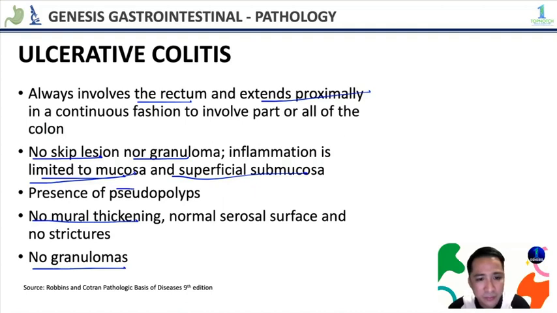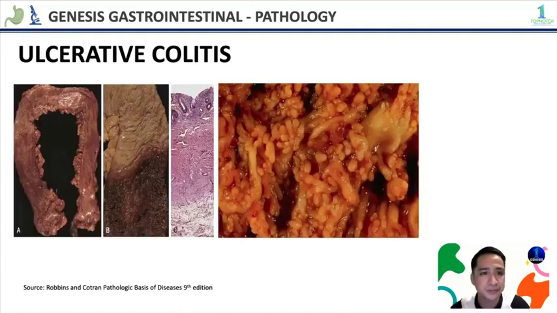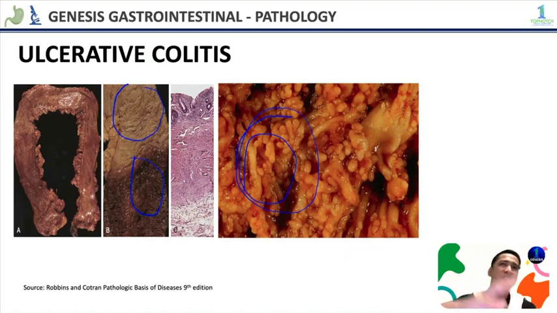So you will see here the gross appearance of your ulcerative colitis. You will also take note in this image that this line separates the normal from the abnormal portion of the colon. With repeated injury and regeneration, there is formation of a pseudopolyp.